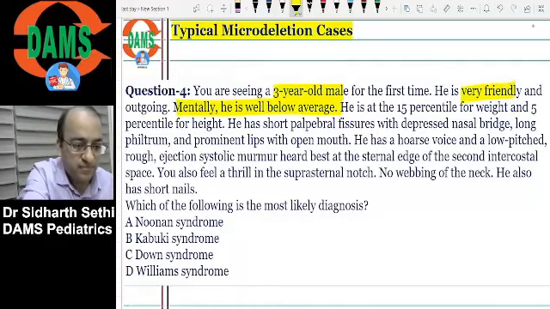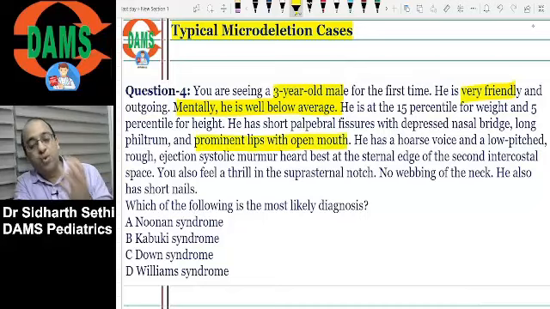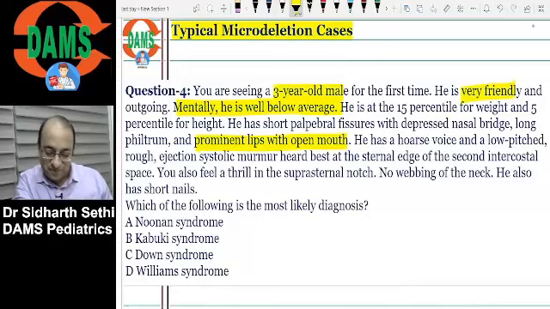I will not tell you what kind of face. You tell me, in which condition do you have prominent lips? Okay, prominent lips. So don't get me wrong, guys.